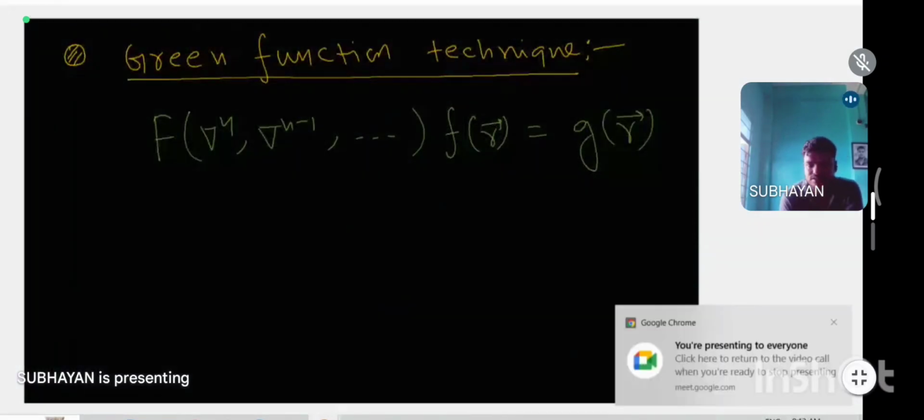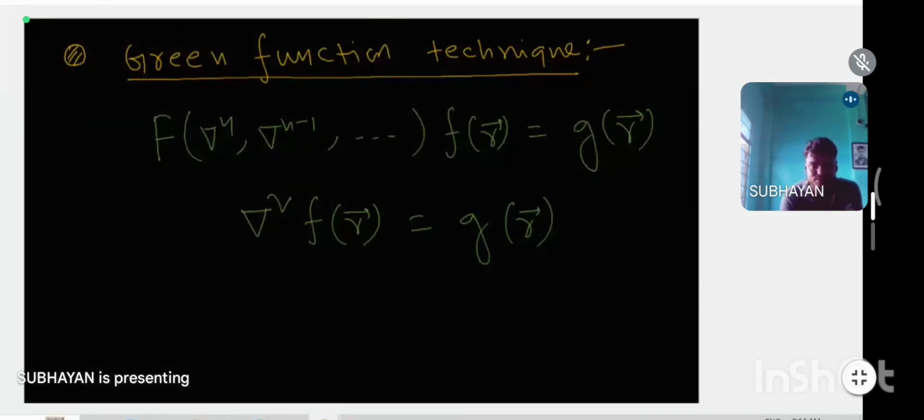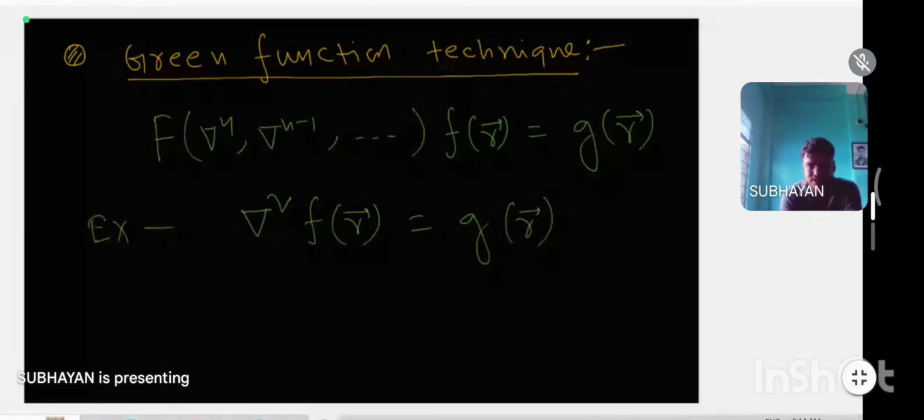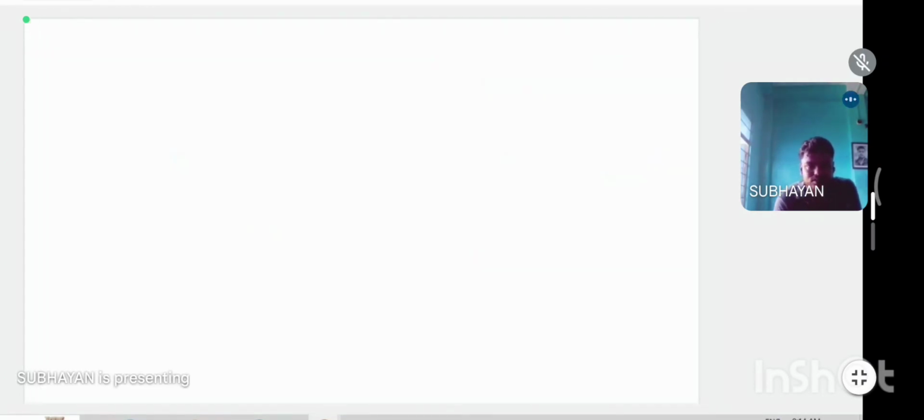For example, our Poisson equation. In general, I am writing grad square of f of r equals g of r. This is an example, which is the Poisson equation. So how can you solve this equation? Let's start with one dimension.